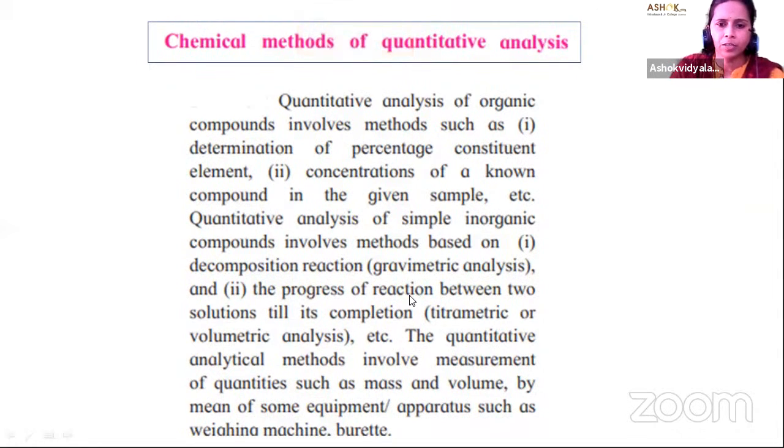Then the progress of reaction between two solutions till its completion, that is titrimetric or volumetric analysis. This is again very interesting, and it is compulsory for you in the 11th as well as in 12th, which we will perform when you come to the lab.